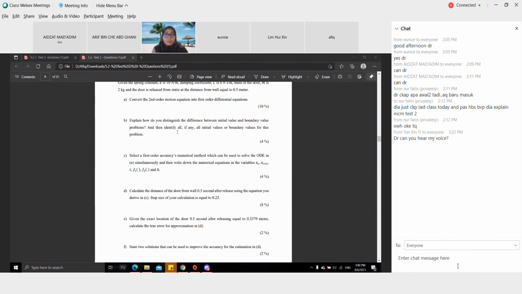Okay, and then state two solutions that can be used to improve the accuracy of the estimation. So maybe you can choose fourth order Runge-Kutta method, and then reduce step size. So that is a two-way solution. Okay, ada soalan? Any question?